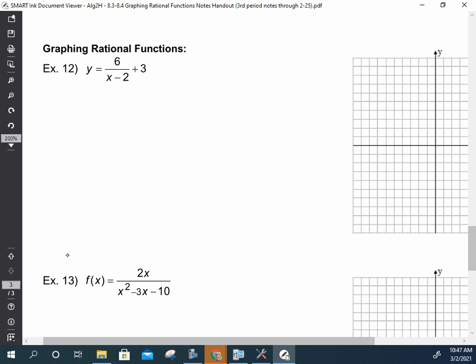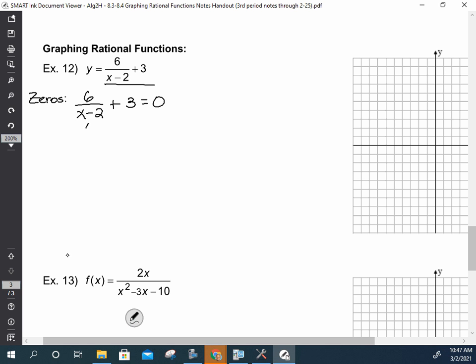So the first thing are zeros. For the zeros, take your function and set it equal to 0.